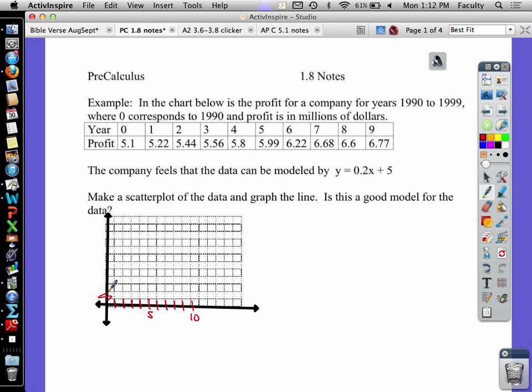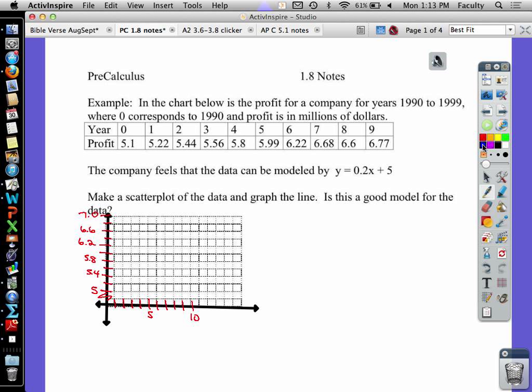So I'm going to do a break in the graph, and then I'm going to go by 2/10. So I'm going 5, 5.2, 5.4, 5.6, 5.8.